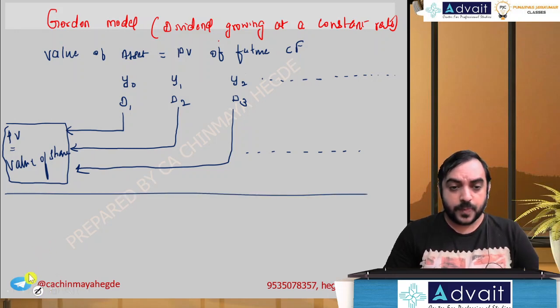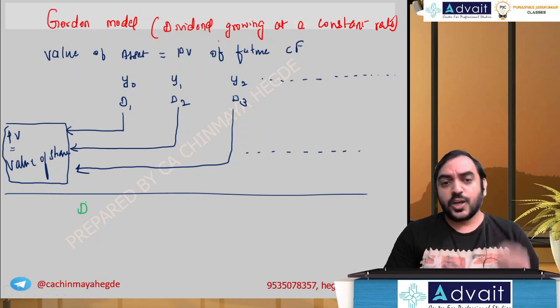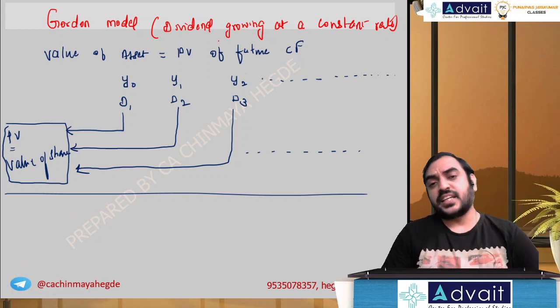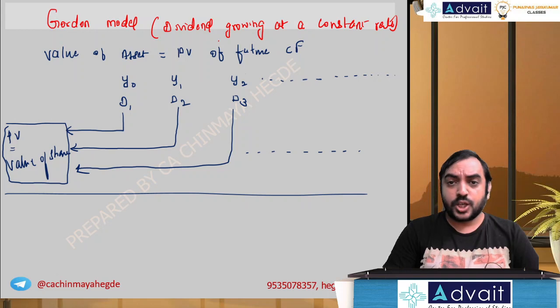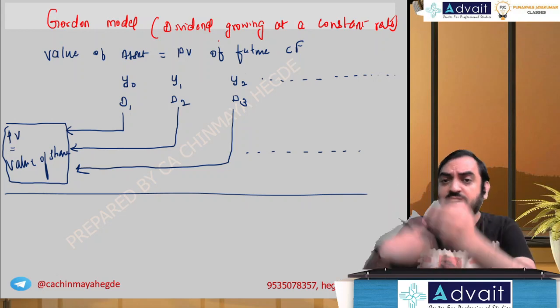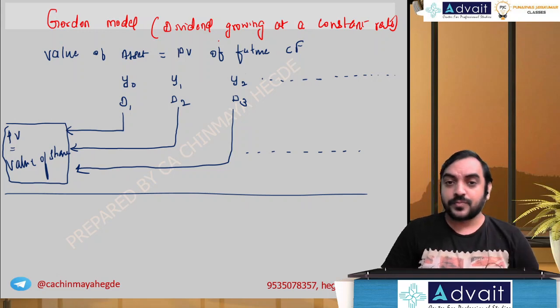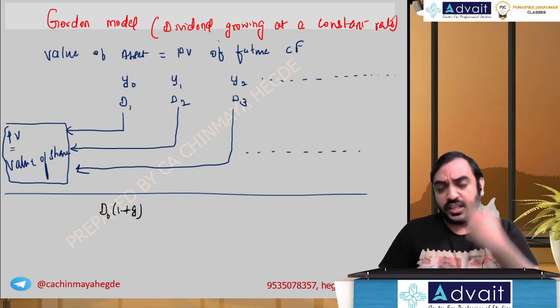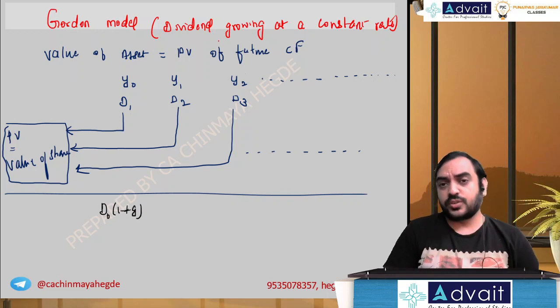Okay, now let's say these dividends are growing at a constant rate. If I say growing at a constant rate, it compounds like salary, like inflation, like interest. So how do you calculate the year 1 dividend? Can I write it like this? D0 into 1 plus g, growth by 1 growth.